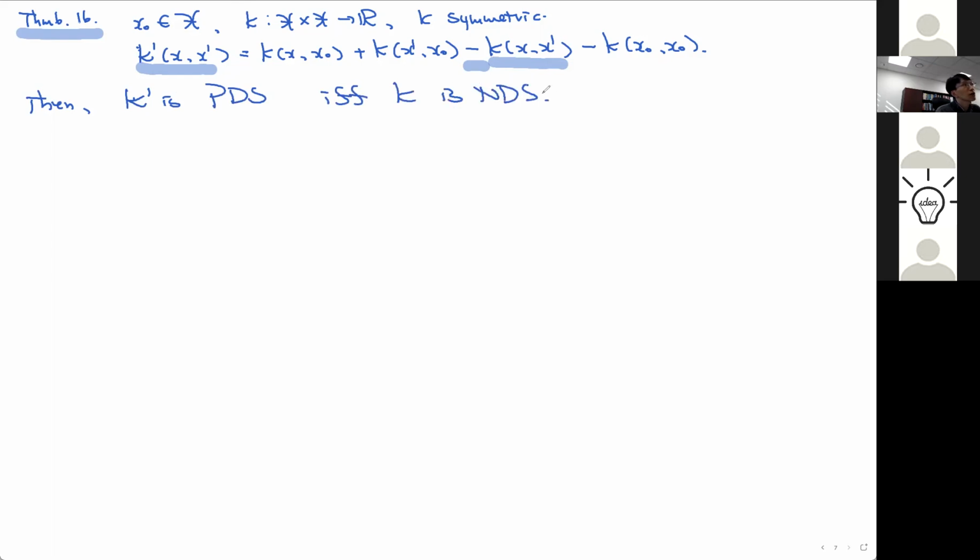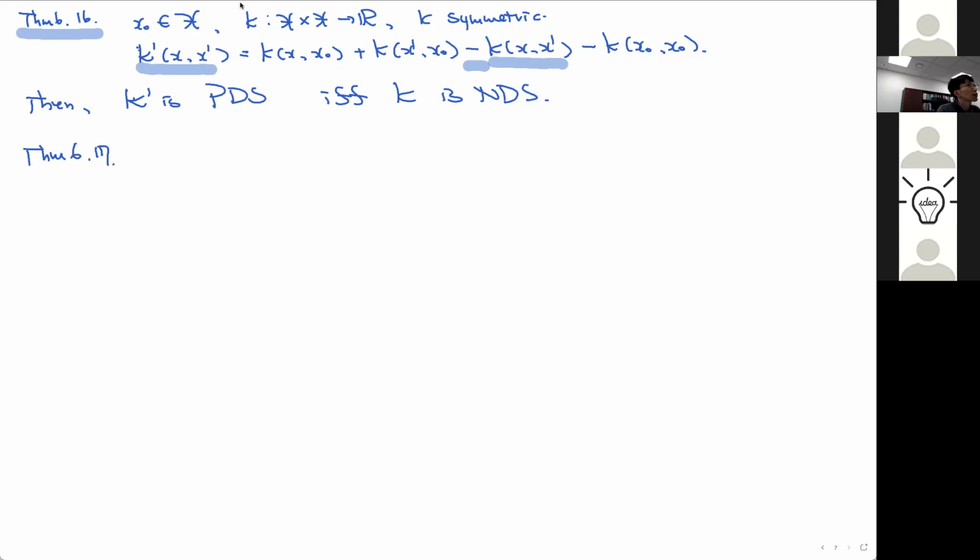Roughly speaking, if you define K prime by putting a minus and normalizing, then K prime becomes PDS precisely when the original K is negative definite symmetric. Okay, so that's the one theorem. The theorem comes with a proof, but I want to talk about the consequences of this theorem because that's more important.